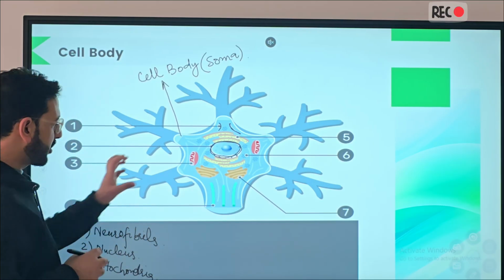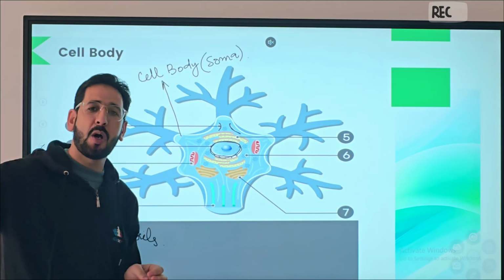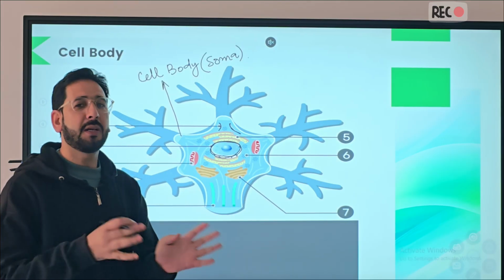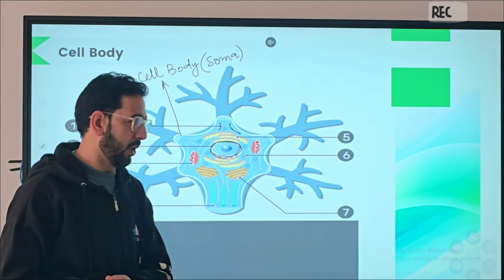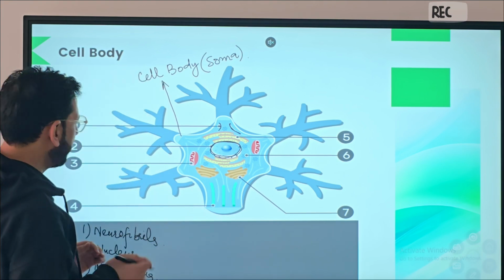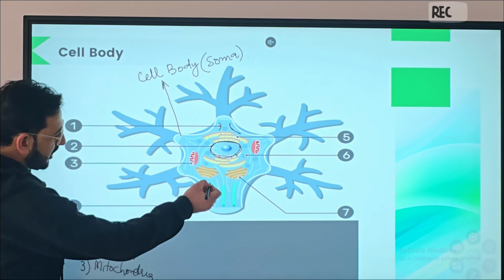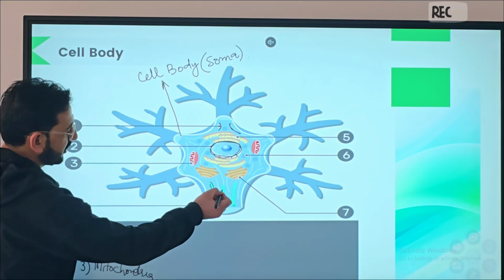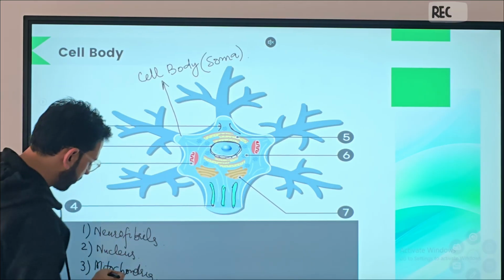Now remember, the mitochondria is not only present in the neuron cell body, it can be present in the axon up to the axon terminal, because we need that energy throughout the length of the neuron. Now, another important thing is this fourth structure here. You can see these tubular structures, and these tubular structures are the microtubules.